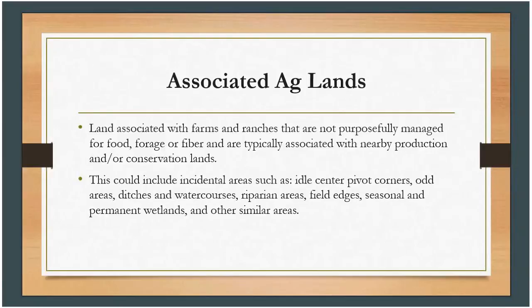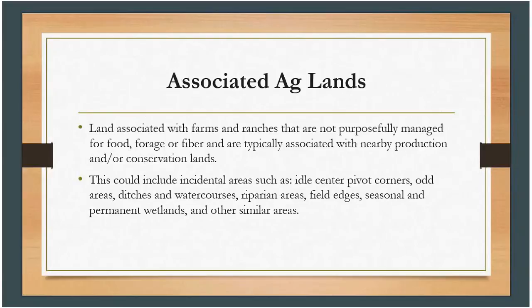This could include incidental areas such as idle pivot corners, odd areas, ditches, watercourses, riparian areas, field edges, seasonal and permanent wetlands, and other similar areas are all part of this associated ag lands land use.